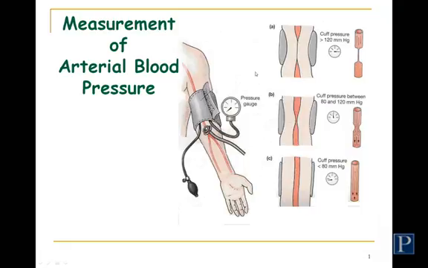It will pulse through during systole, because systolic pressure is enough to get that vessel open and blood through, but the pressure in the cuff is greater than the patient's diastolic pressure, so the vessel will collapse again during diastole.